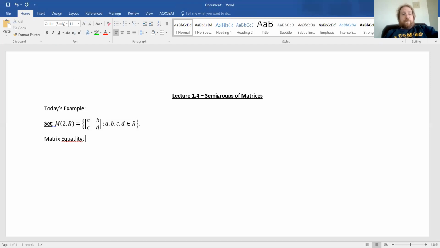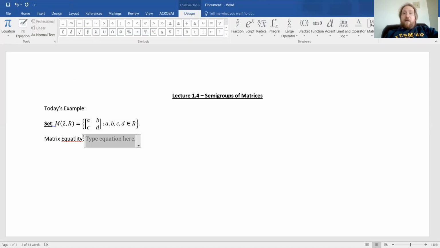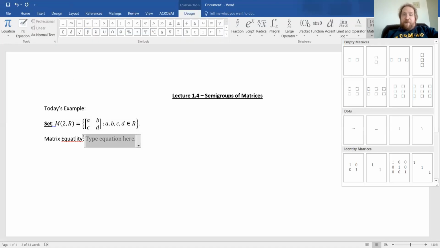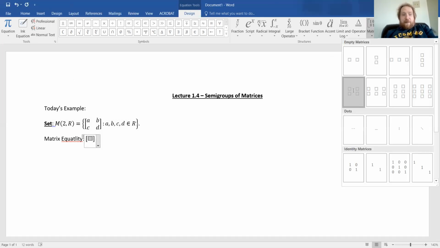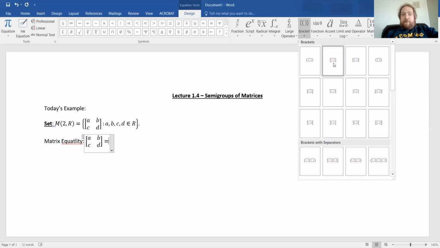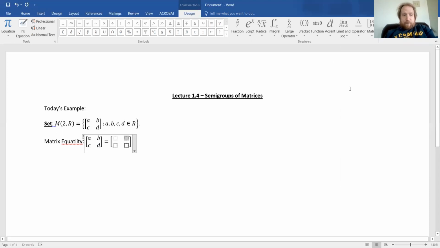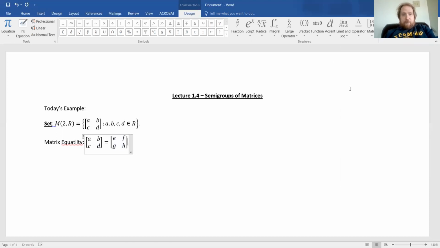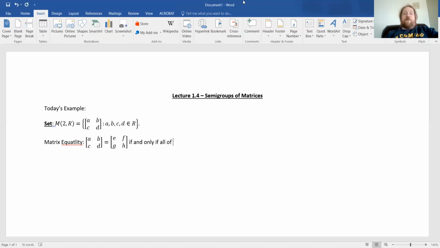So if we take two arbitrary 2 by 2 matrices, say A, B, C, D, and E, F, G, H, these are equal if and only if every pair of corresponding entries are equal.